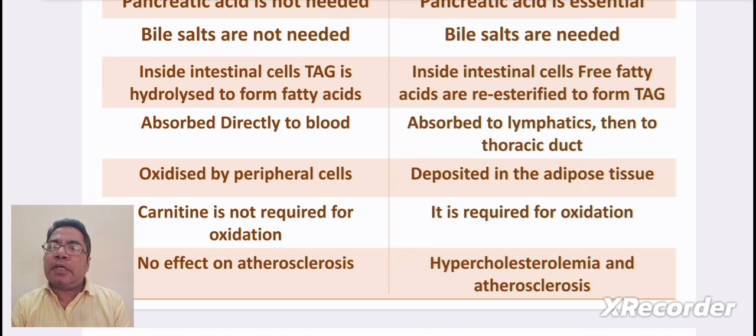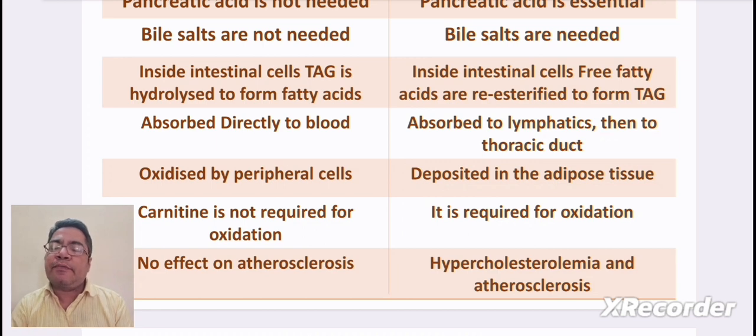In case of MCFA, inside the intestinal cells, triacylglycerol is hydrolyzed to form fatty acids, whereas in LCFA, inside the intestinal cells, free fatty acids are reesterified to form triacylglycerol. In case of MCFA, it is absorbed directly into the blood, whereas LCFA is absorbed into lymphatics and then to the thoracic duct.